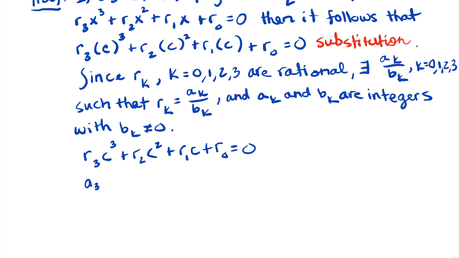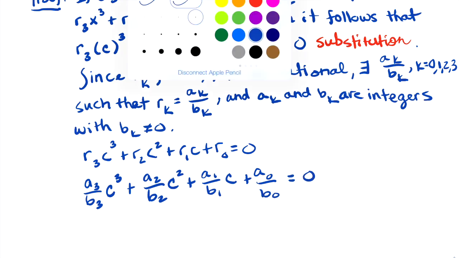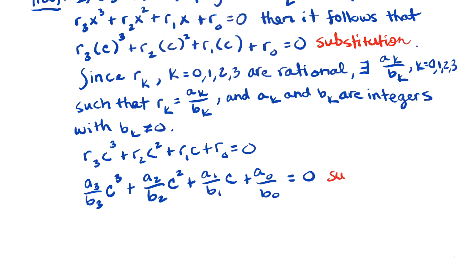Beautiful. We would have a3 over b3 times c cubed plus a2 over b2 times c squared plus a1 over b1 times c plus a0 over b0 equals 0. And that again is just by substitution.